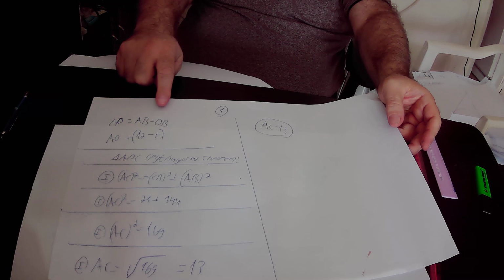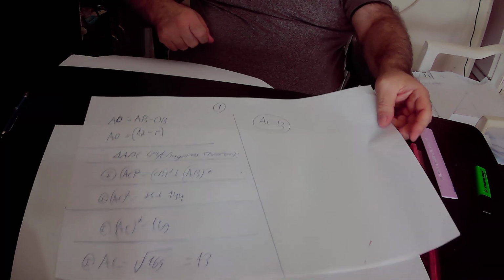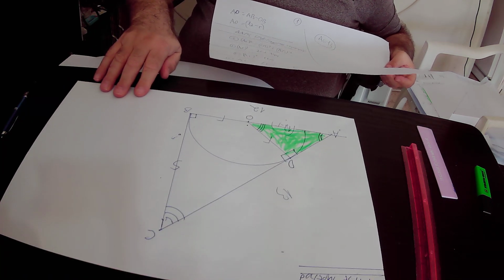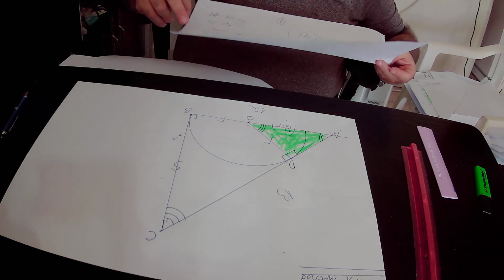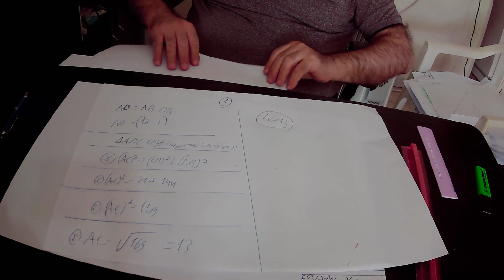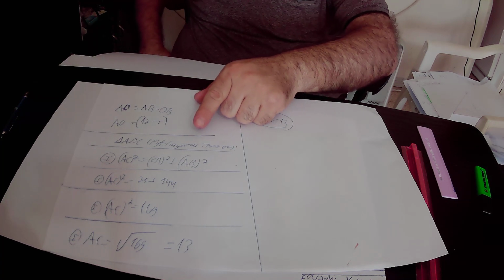AB is 12 units, BO is R, so AO equals 12 minus R. Then we focused on triangle ABC, and we found the hypotenuse according to the Pythagorean theorem, that the square of the hypotenuse equals the sum of the squares of the perpendicular sides. That is to say, AC square equals CB square plus AB square.